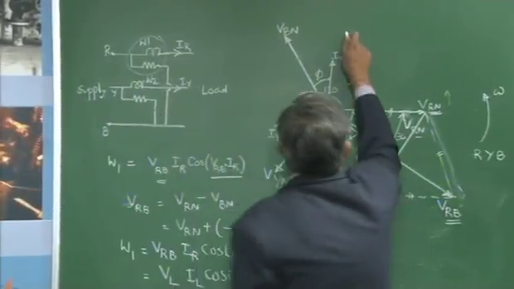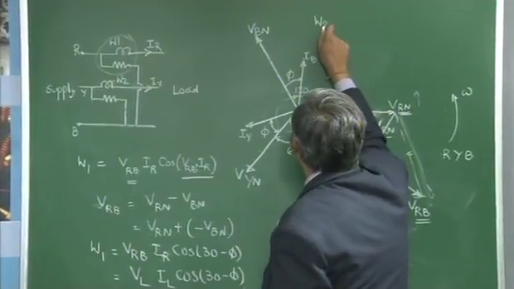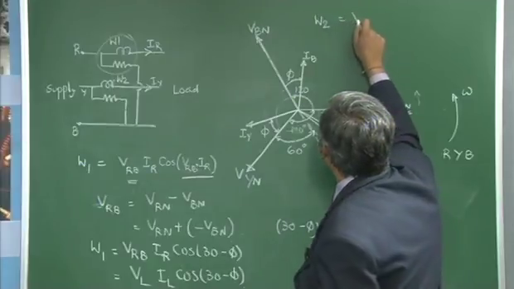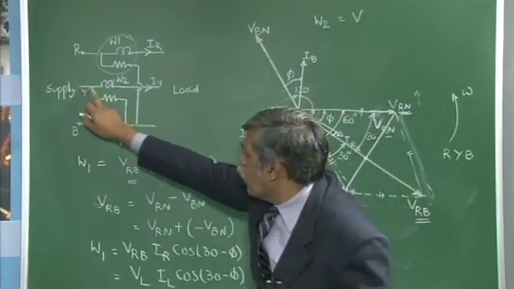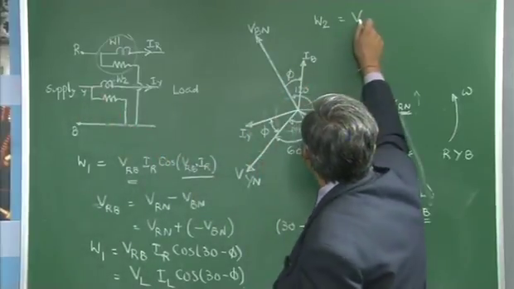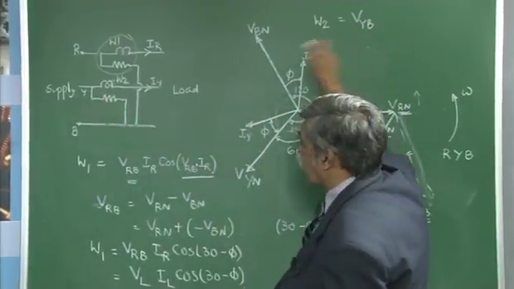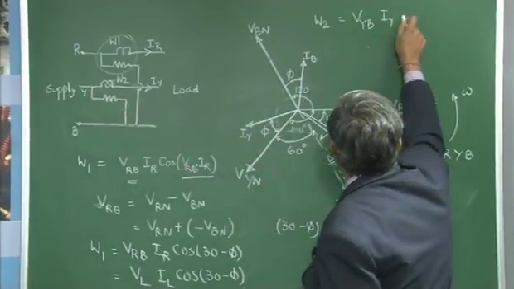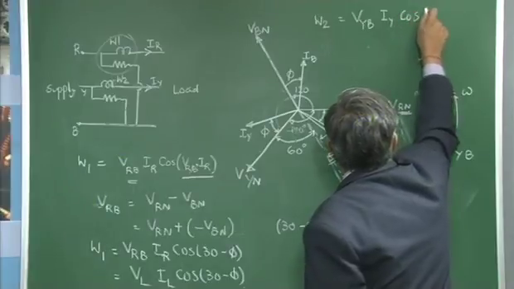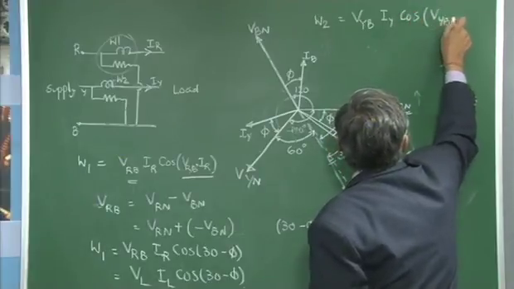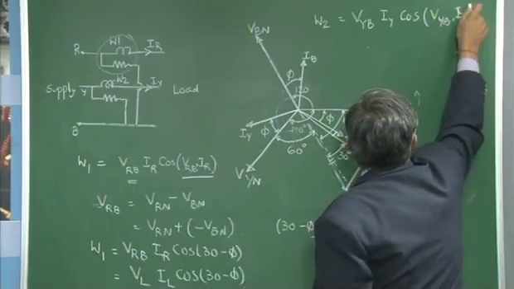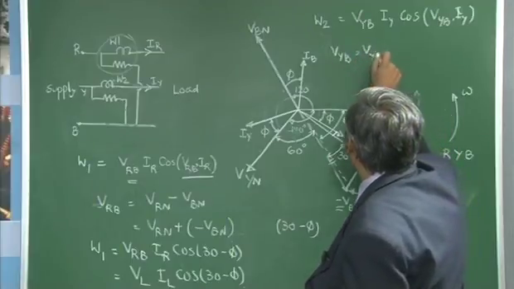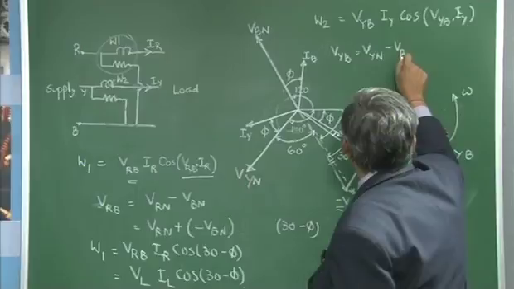Similarly, when you write the expression for W2, the potential coil is connected between Y and B, therefore the voltage I am giving to the potential coil is VYB and it is carrying a current of IY, and I need to find the angle between VYB and IY. Here again I can write VYB equals VYN minus VBN.